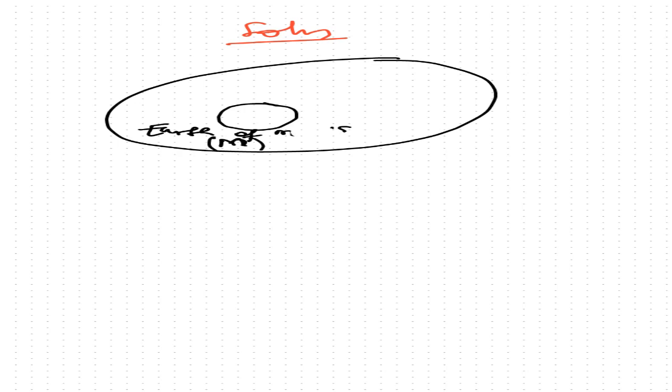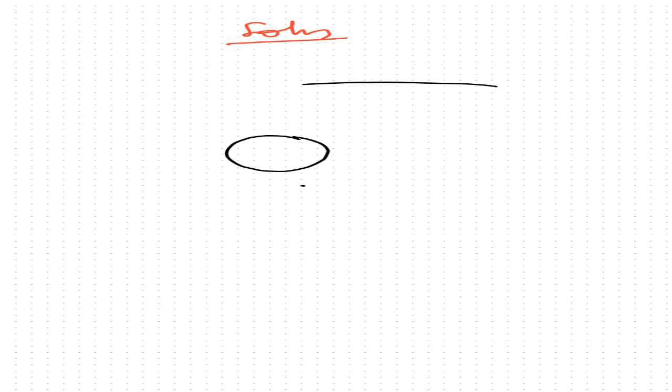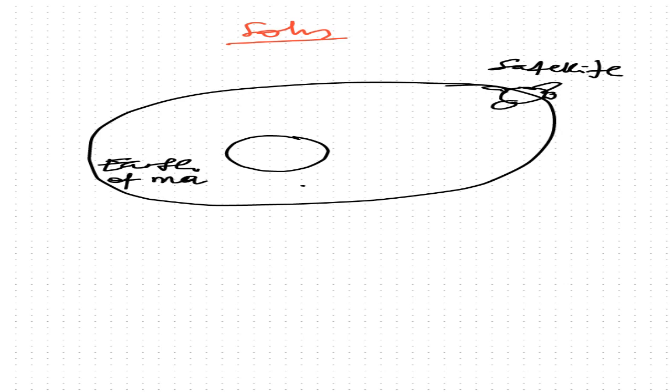Let me see if I can make this one a bit more transparent. Okay, let me draw the Earth first. So if this is our Earth, and this is our orbit, this is the satellite. Let's assume this to be our satellite. And it says this is the Earth of mass.